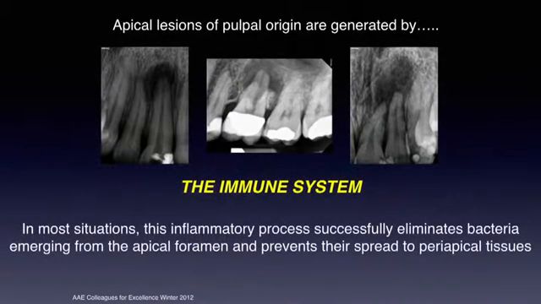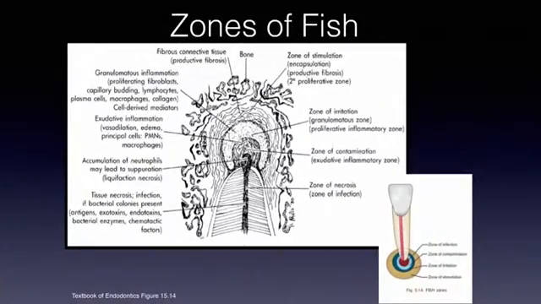This is the body's way of walling off the infection and preventing bacterial spread into apical tissues. To demonstrate the extent the bacteria are found in a lesion, I'd like to use an example from Dr. Fish, who in 1939 categorized the areas of a bone lesion into different zones. And while this model is very simplistic as to what's really going on, it demonstrates an important concept.